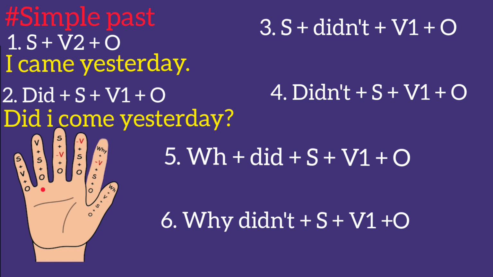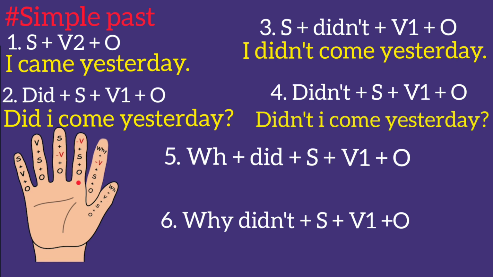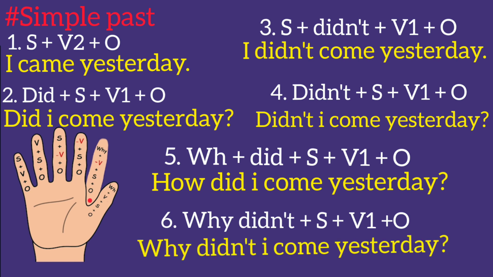The negative statement is, I didn't come yesterday. Next, the negative yes or no question is, didn't I come yesterday? Positive WH question is, how did I come yesterday? Negative WH question is, why didn't I come yesterday?